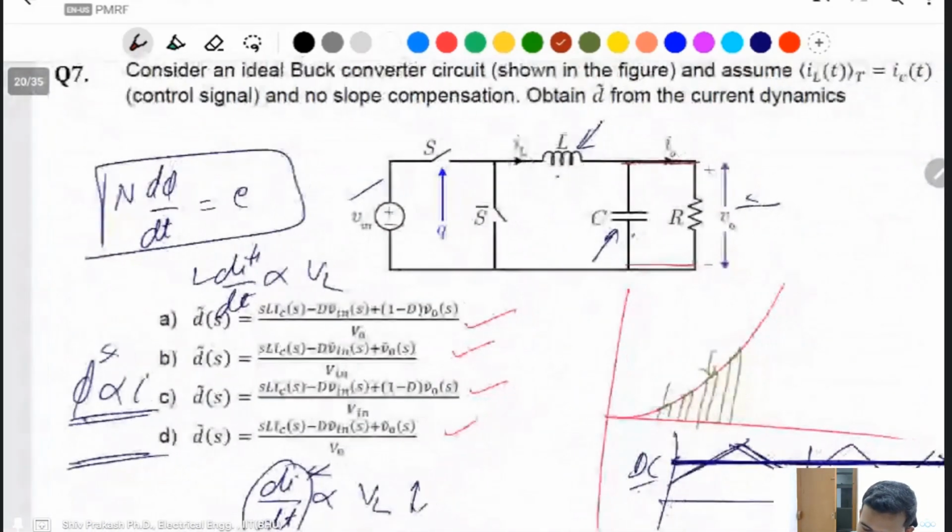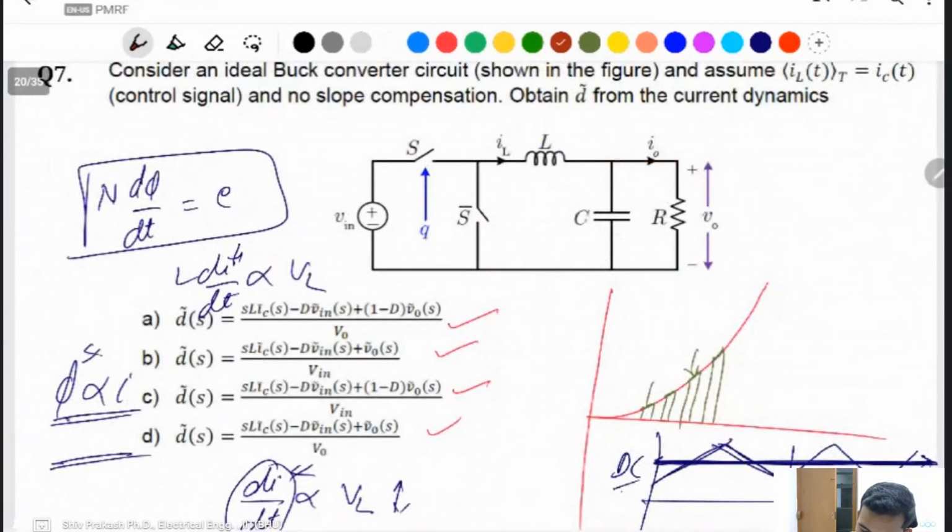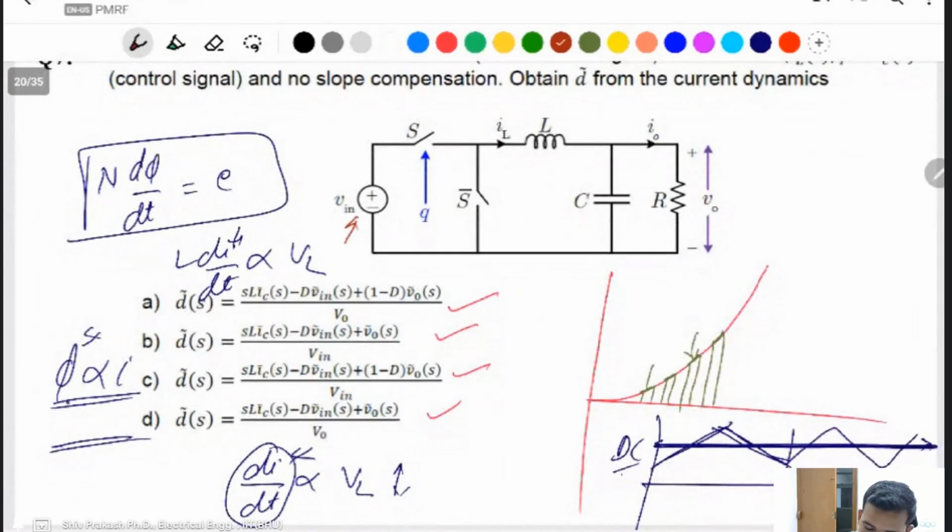Look into the circuit. If you connect it to the source, then Vin is a constant supply. The inductor we want to design, so you can't change that. The capacitor you place, and R is the resistance depending on the load.